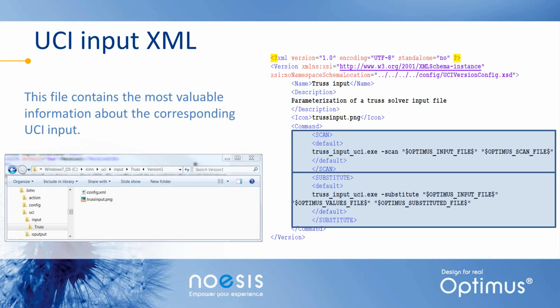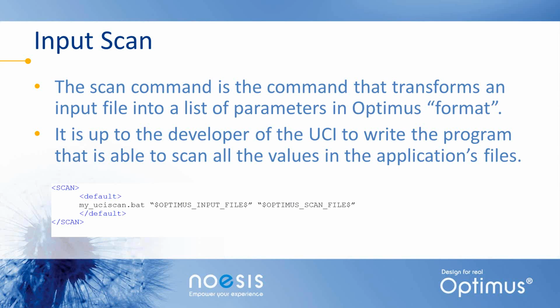And the substitute is called during runtime. So anytime we want to evaluate a new design, Optimus will substitute by means of this command the value with the current value of the optimization. So let's try to explain a bit more on that.